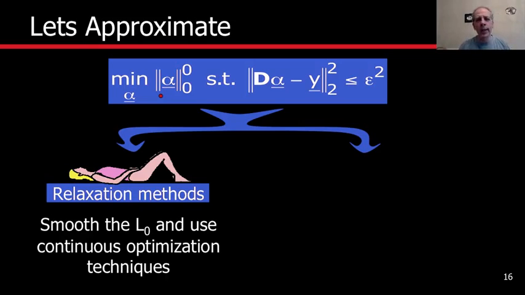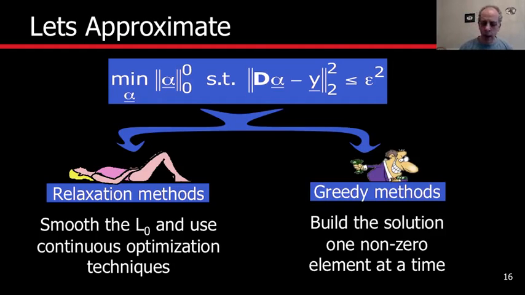Meaning, can we relax our condition in such a way that is almost the same, but we can solve it? The other way is to use what are called greedy algorithms. And that means, okay, forget about finding all of them at the same time. Give me the most important atom, then the second, then the third, and so on. So let us briefly present both of these techniques.